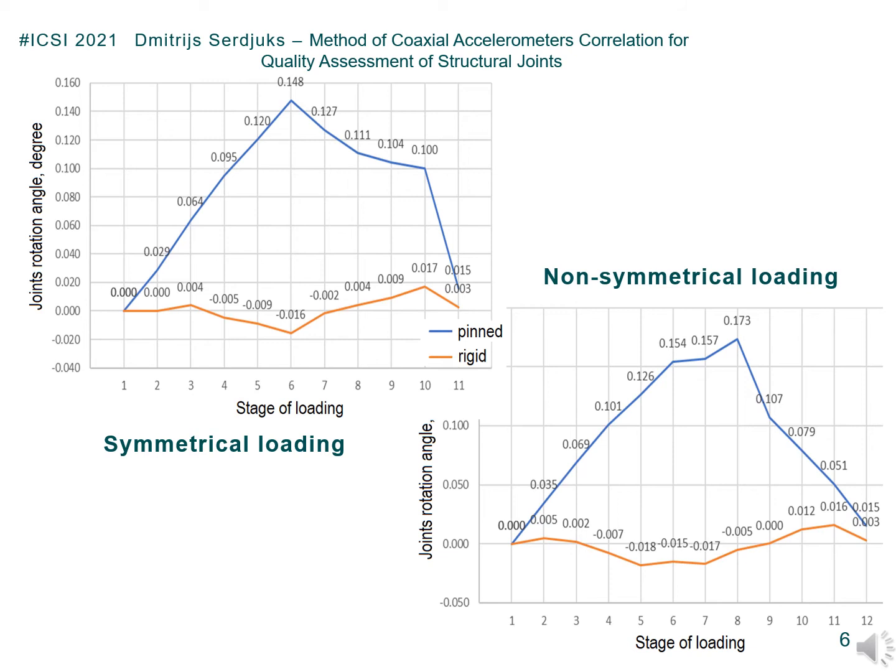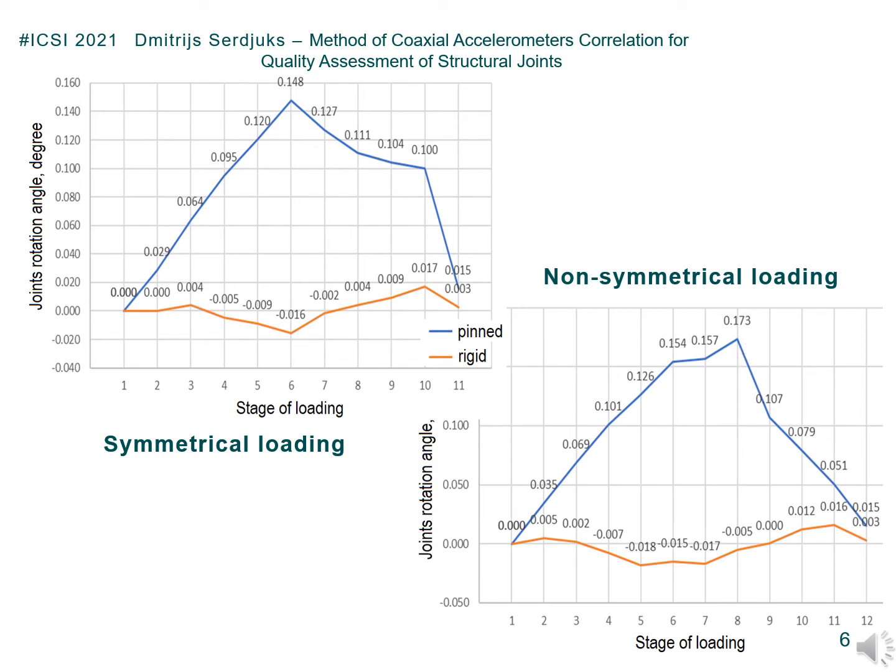The joint rotation angle as a function of the applied vertical load is shown on the figures for symmetrical and non-symmetrical loadings. The maximum rotation angle was obtained in the case of non-symmetrical loading. The joint rotation angle of the pinned joint at the maximal loading is 10 times larger than for the rigid joint.